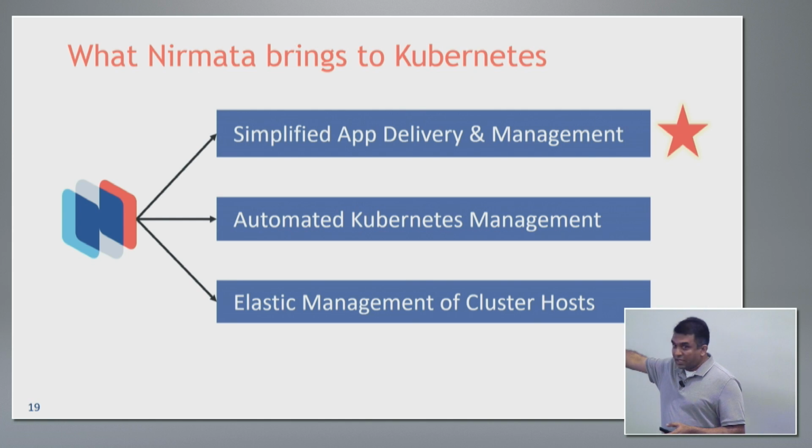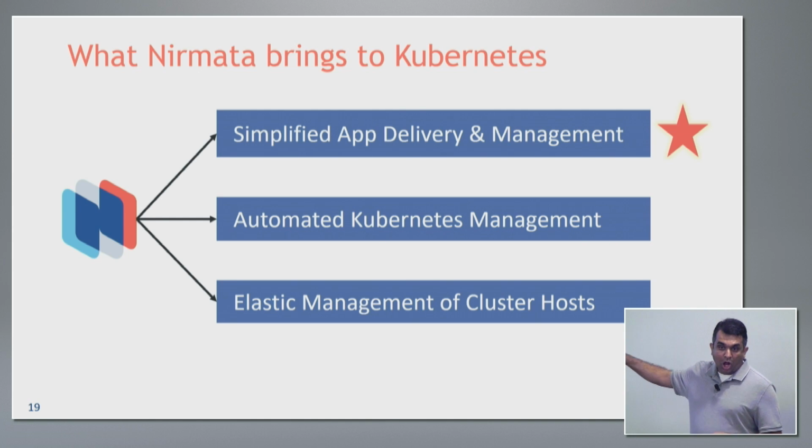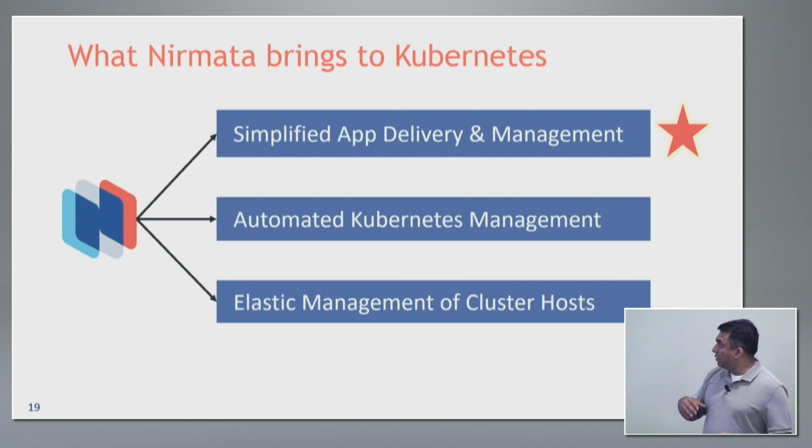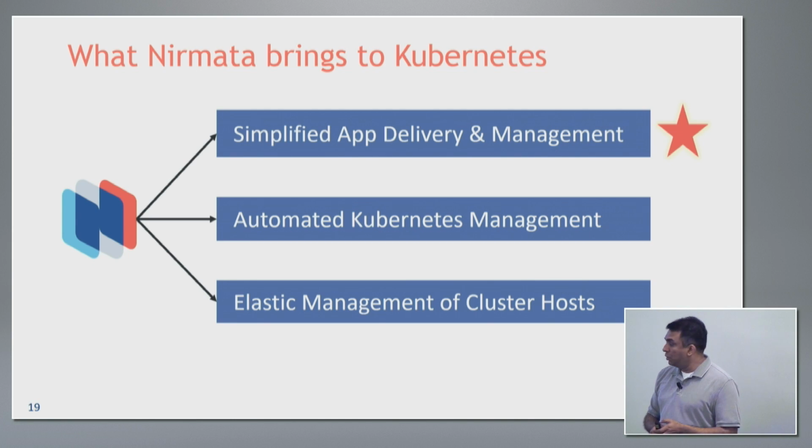These two steps in Nirmata have always been optional. You can provision your instances and your cluster outside of Nirmata and bring them in, or use Nirmata to help do that. The top layer is where most of our value and focus is, around application delivery and management, and that's what we'll get into more.